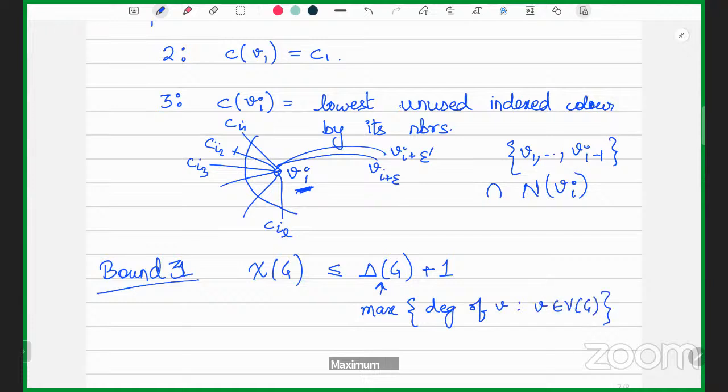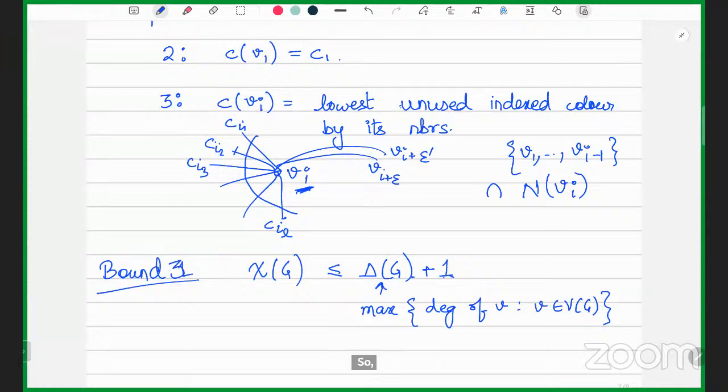Degree meaning how many neighbors it has. So maximum degree plus 1, because whenever I'm standing here, what is the worst case scenario? That all of these vertices have appeared with different colors. So I have nothing left. And this is the vertex of highest degree, which means this is delta G. And then since all the colors have been used, I have to put a new color on this vertex. So delta G plus 1. Within this bound, chi G is done. Okay. So chi G cannot exceed this.